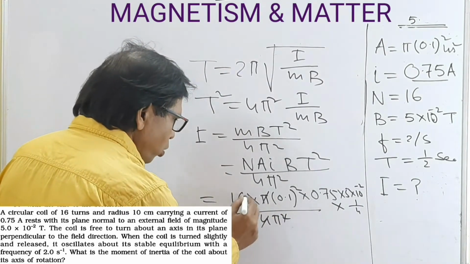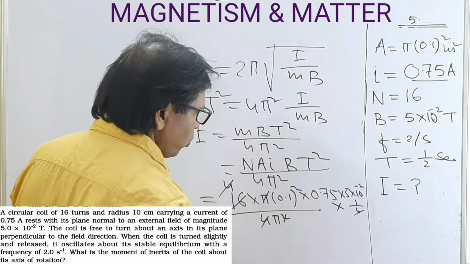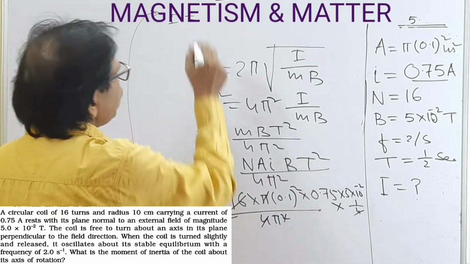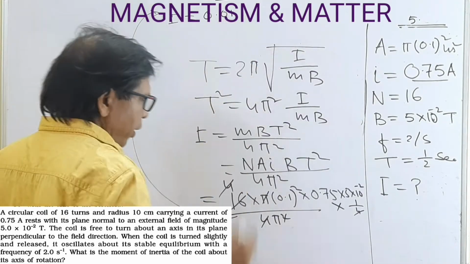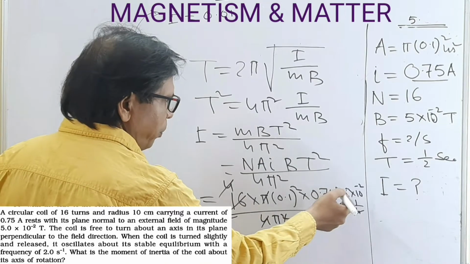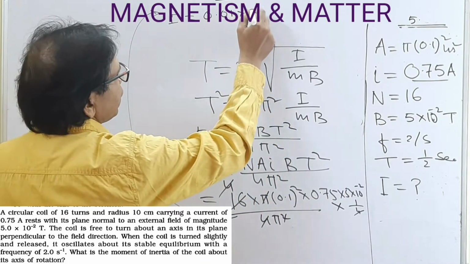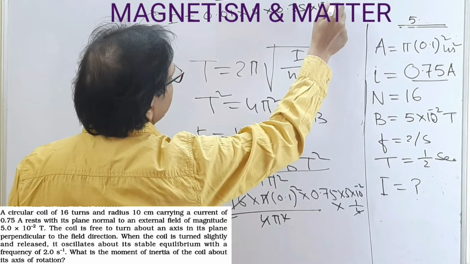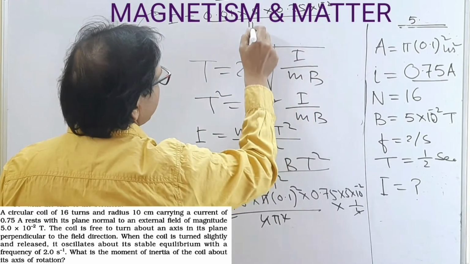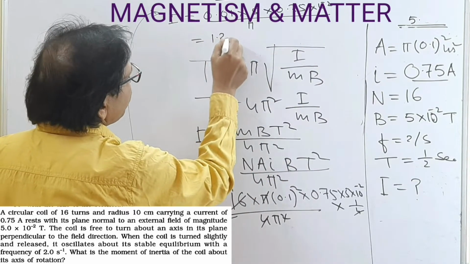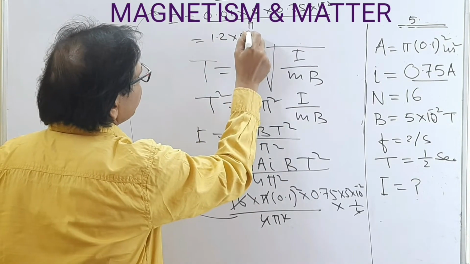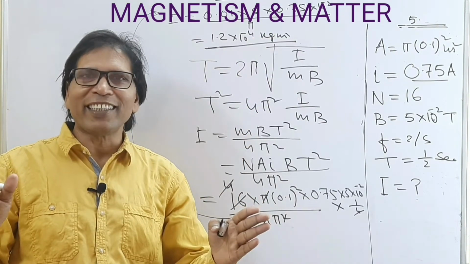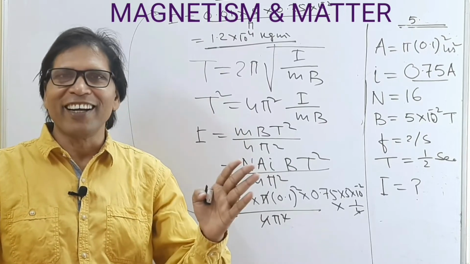Okay. Now 4, this 4 and this cancel out. Now look at this, I equal to here 0.01. Okay. Now this is 0.75 into 5. So look at this, this is 5 into 0.75 into 10 to the power minus 2 divided by pi. Okay. This is 1.2 into 10 to the power minus 4 kg meter square, the moment of inertia of the circular coil. Okay.